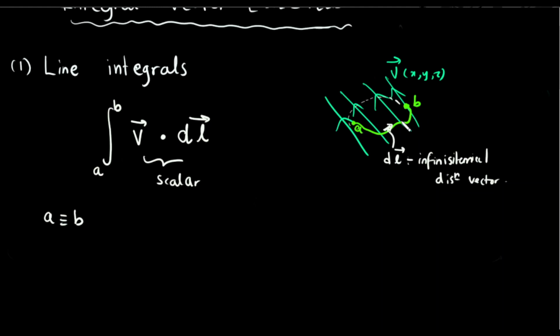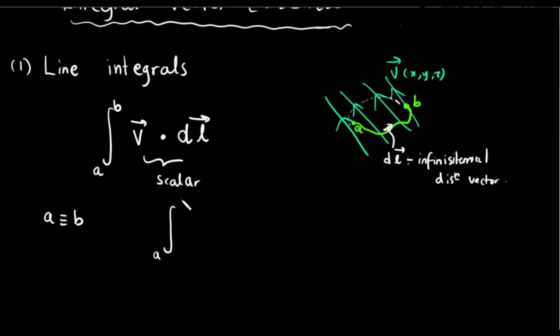This forms a closed path actually. For a closed path, there is a symbol for this kind of line integral.